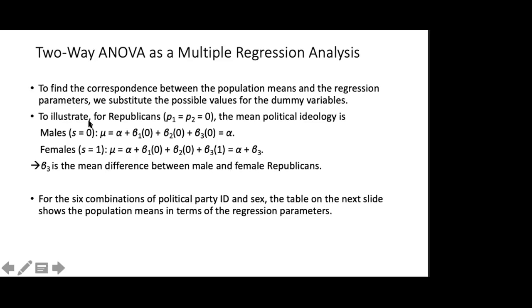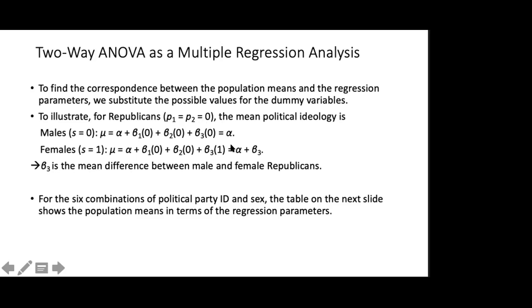Just for illustration purposes, Republicans are 0 on both dummy variables that code for party ID. So the mean political ideology is simply alpha plus beta 1 times 0 plus beta 2 times 0 plus beta 3 times 0. And that is just alpha.